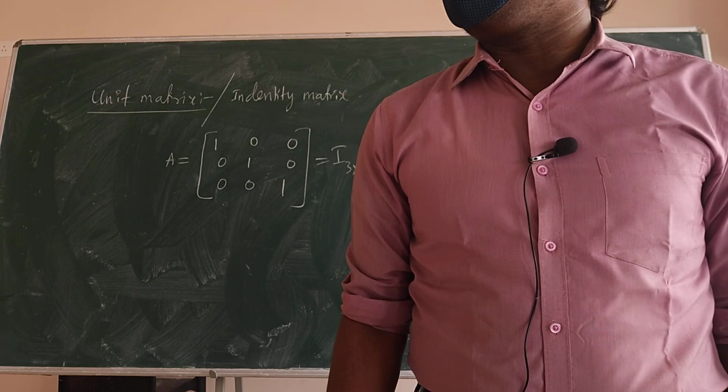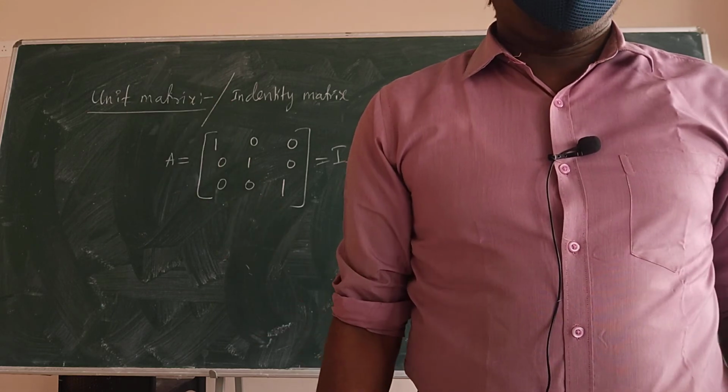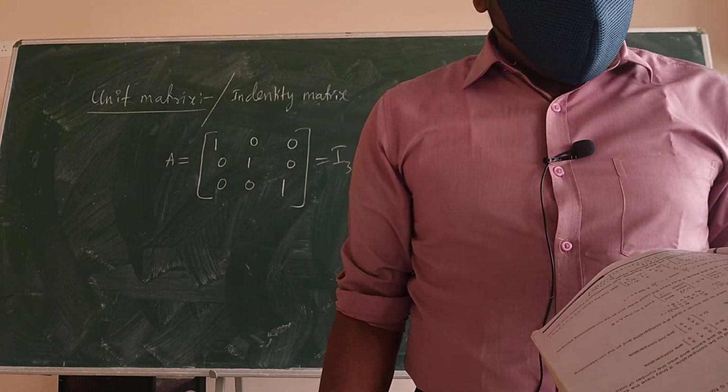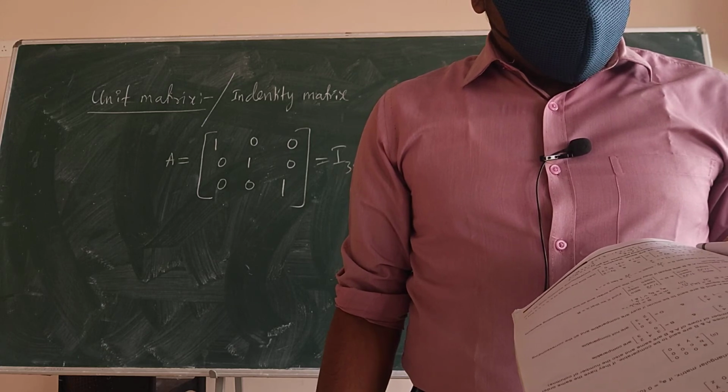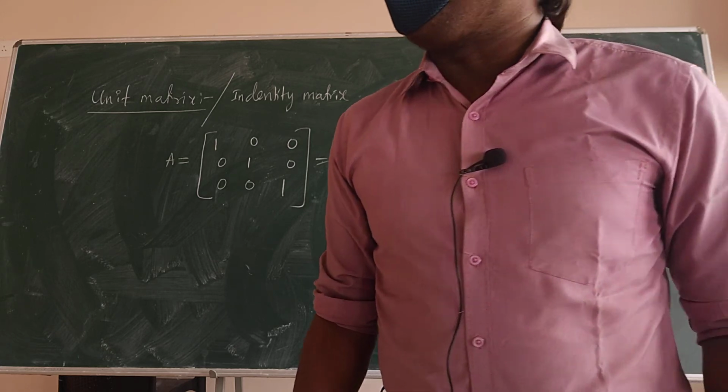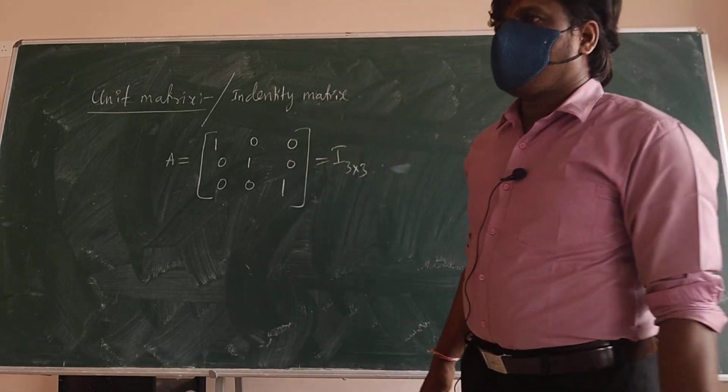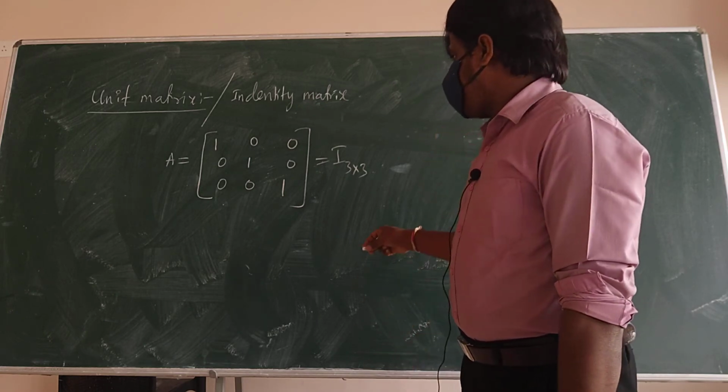Unity means 1. So what is the order of this unit matrix? It's 3 by 3.